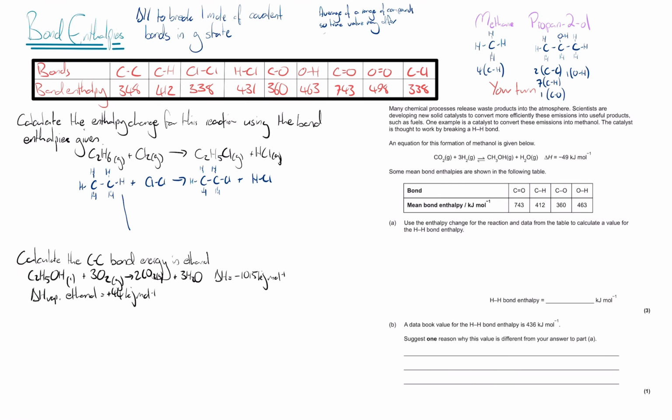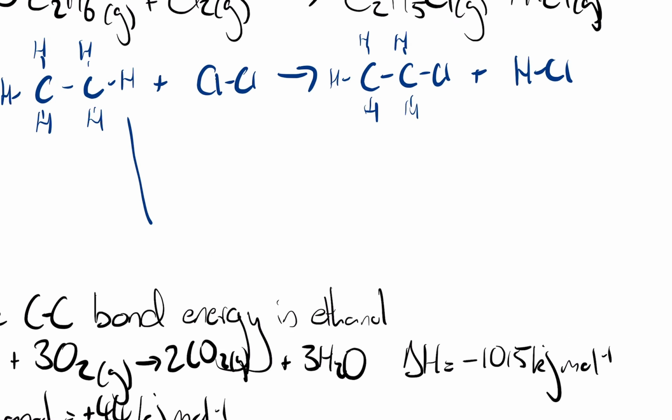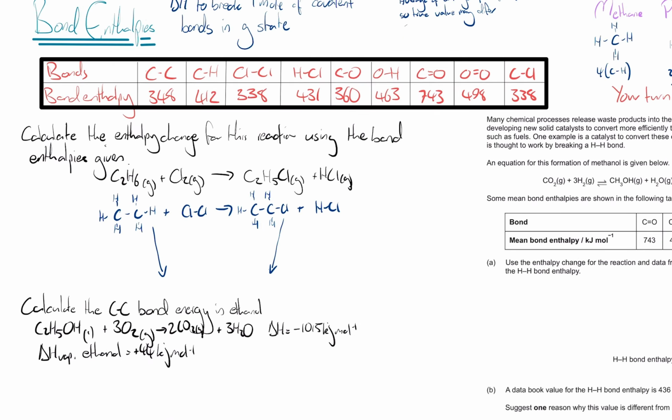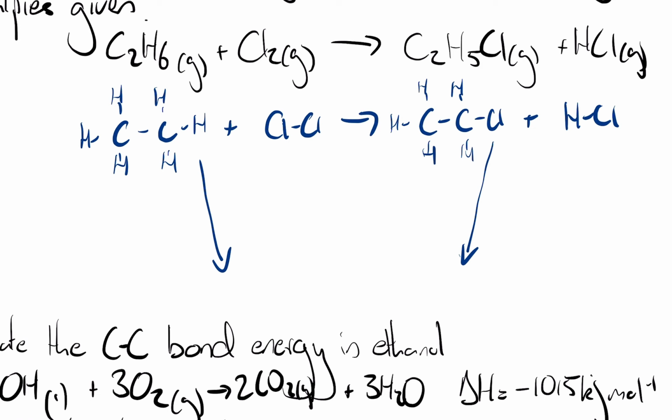Bond enthalpy, so again, to break 1 mole of covalent bonds in their gaseous states. And it's to make atoms, right? This is important. So what we've got is 2 lots of C gas, again gaseous states, plus 6 lots of H gas, not H2, but H gas in this case, plus 2 lots of Cl gas, right?